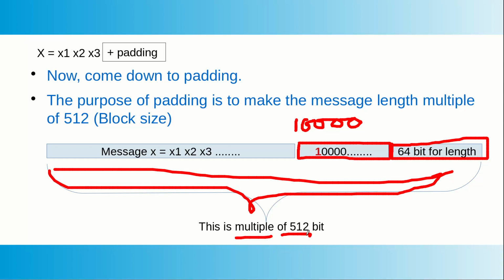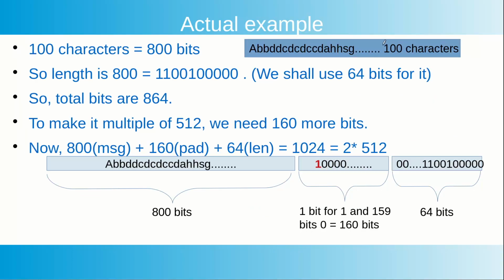Okay. So let us take an example, the thing will be even clearer to you. Suppose I have a text something like this. For example, this is say 100 characters long. In case of ASCII characters, each and every ASCII character requires 8 bits. So 100 characters means altogether they are 800 bits.